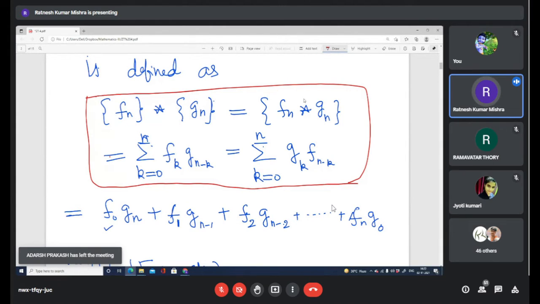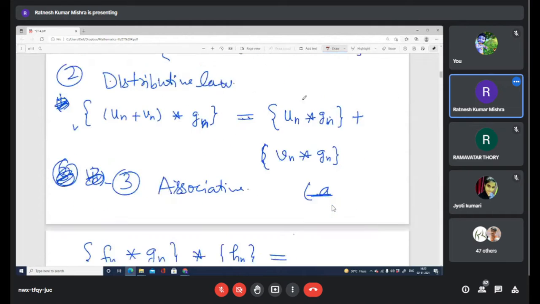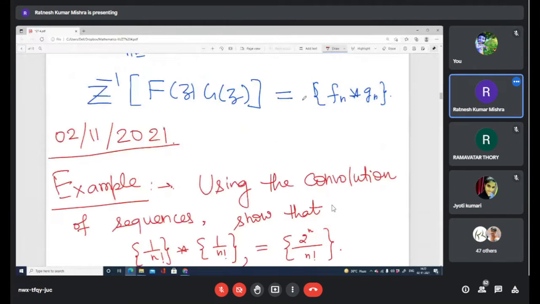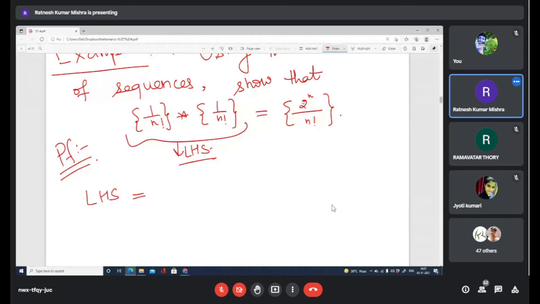So summation k equal to 0 to n, the one is gk and another is replaced by f of n minus k. So the same thing applies here: summation k equal to 0 to n, 1 by k factorial, and another is 1 by (n minus k) factorial.